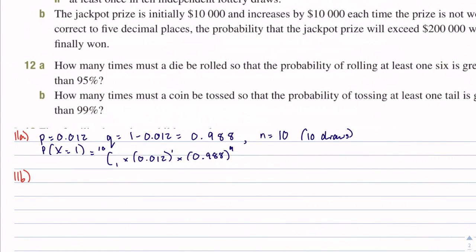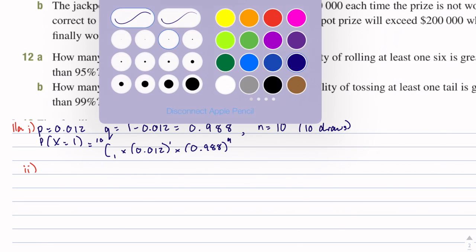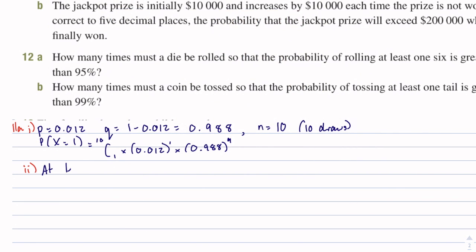then we're going to have, for 11A, II, at least once is the complement of not happening at all, 0 times.